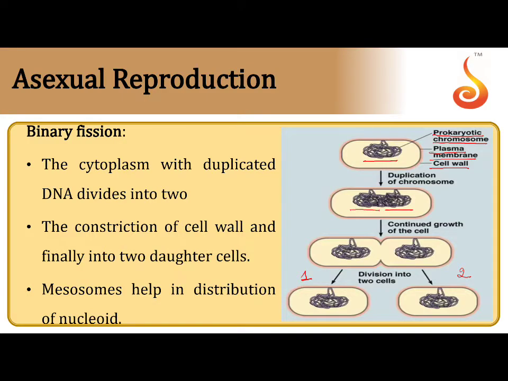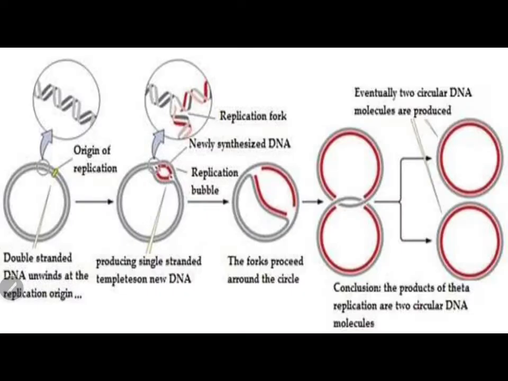Then I told you that we call this the theta model, and this was put forth by John Cairns, because when replication occurs it looks like the letter theta. Now I am going to show you an image of bacterial replication.